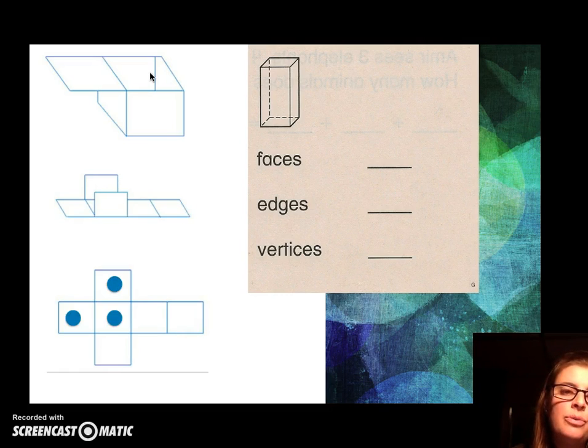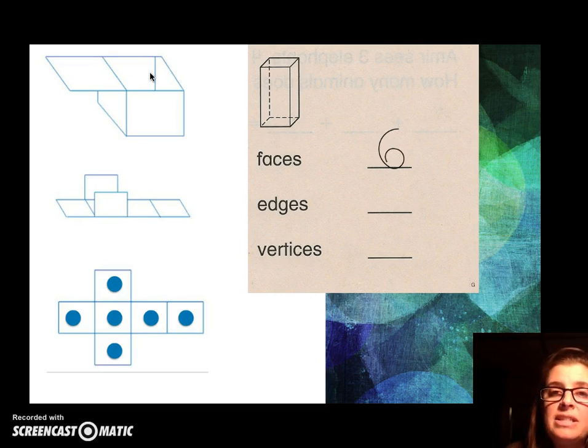1, 2, 3, 4, 5, 6. So I know that I have 6 faces on my rectangular prism. Fantastic job if you got that one right. That's really hard because faces are flat and you need to count all of the faces, which can be hard to see sometimes. That's why I lay my prism out flat so I can see all of the faces.